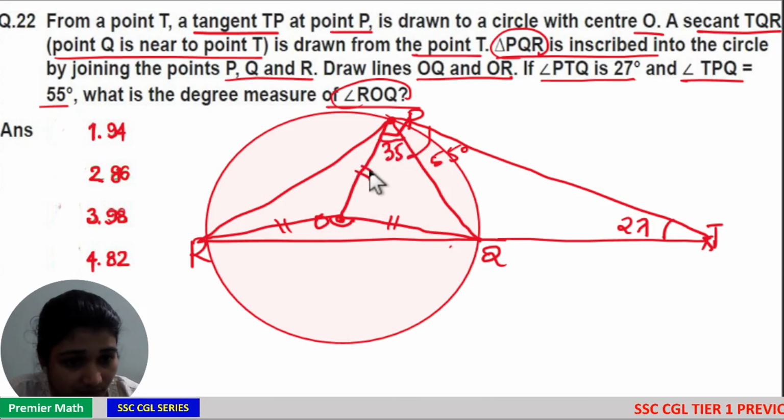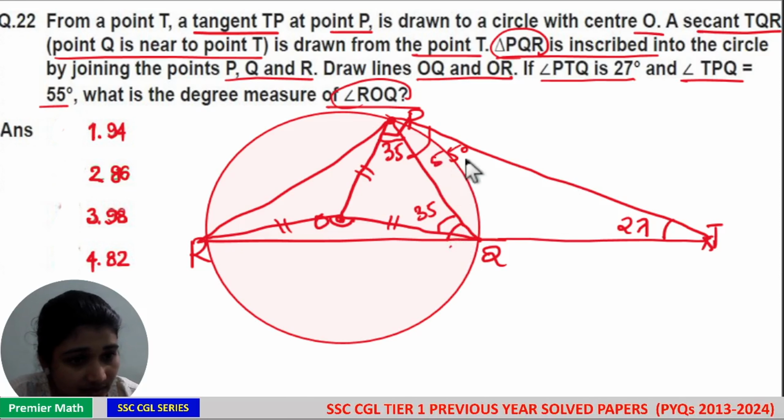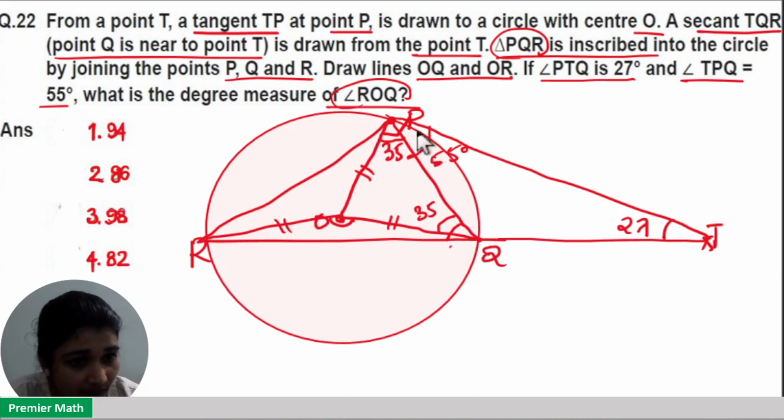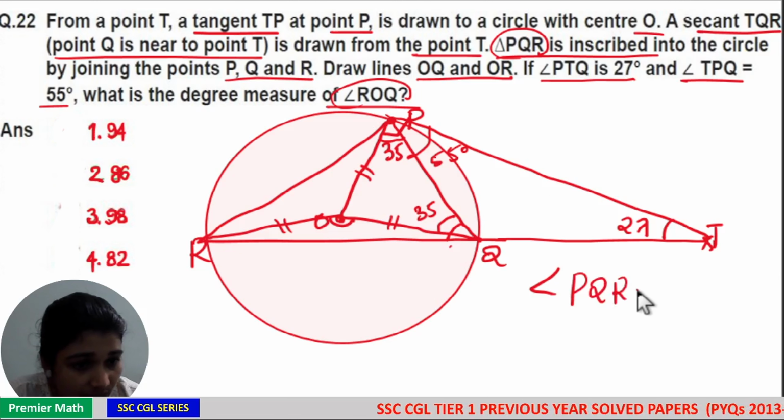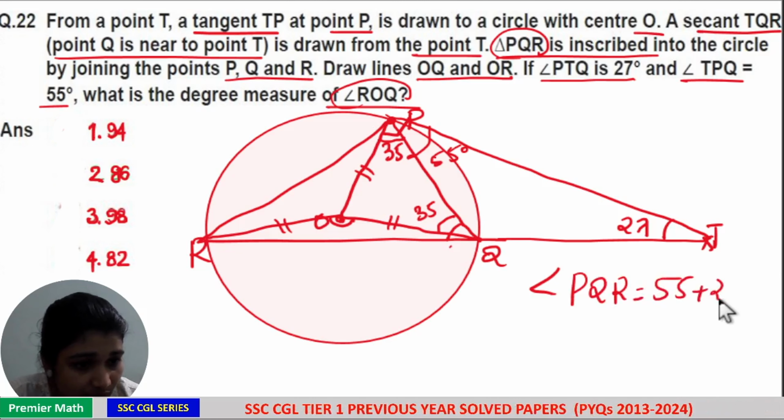Now here this angle PQR is an external angle to this triangle on the right side. That is, PQR is an external angle of triangle PQT. Now, this external angle is equal to 55 plus 27. That is, angle PQR is equal to 55 plus 27, which is equal to 82.